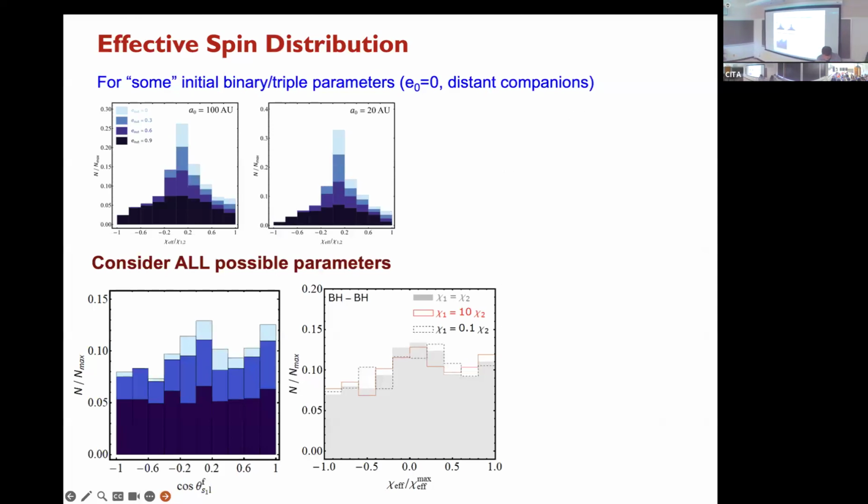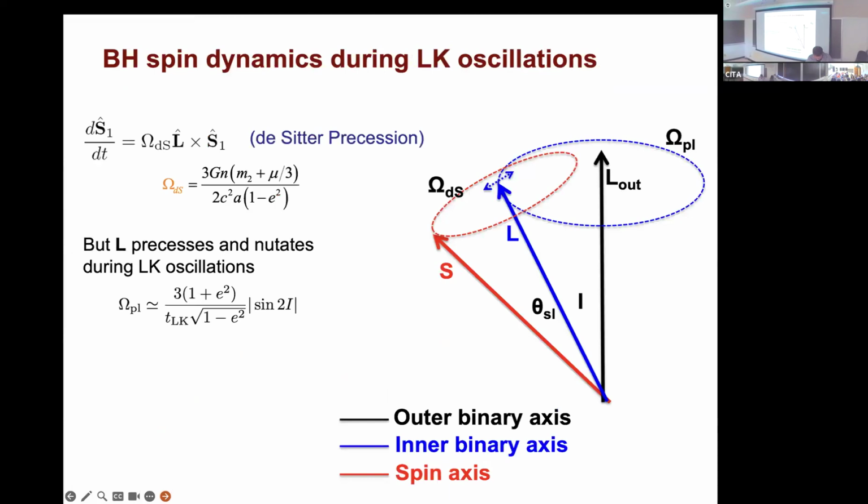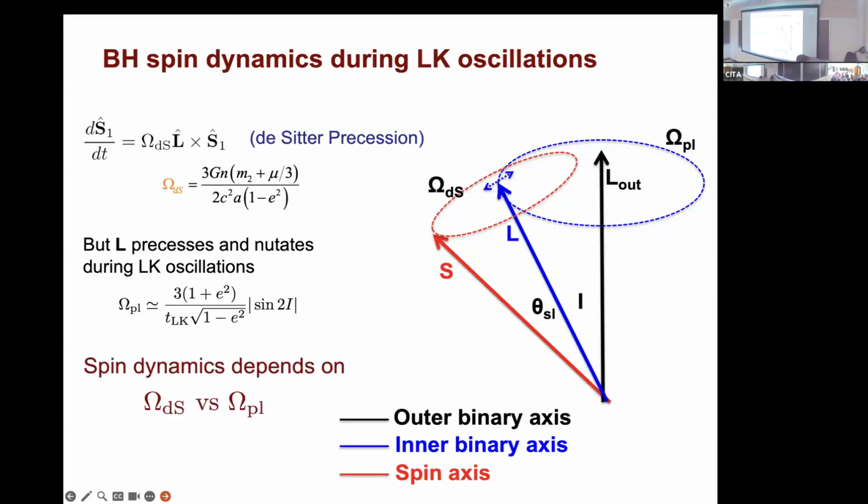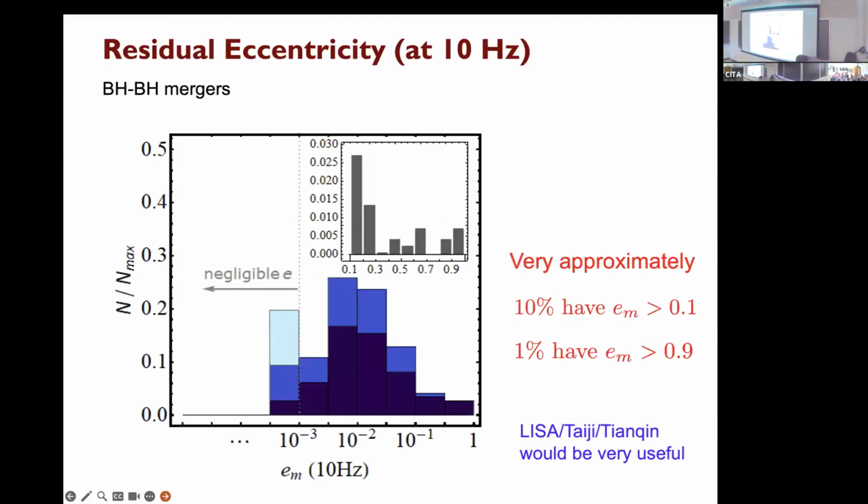Fundamentally, it's because of the geodetic precession. The precession rate does not depend on the magnitude of spin. It's very different from Newtonian. If you have a Newtonian rotating body, that precession rate actually depends on the magnitude of spin. In this case, it does not depend. So it's actually different.